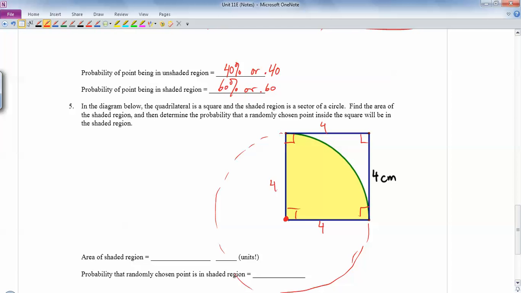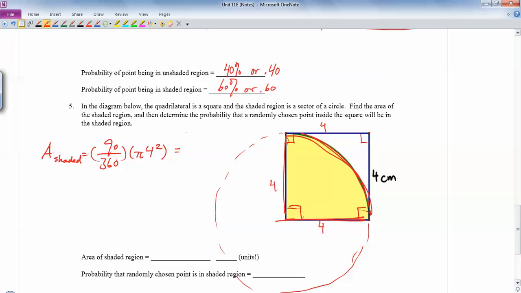So the question is, what's the area of the shaded region? Well, it's a sector of a circle, and we know the angle is 90, then I can say 90 over 360 times pi r squared. R is 4 in this case. So if I plug that in, that's the area of the shaded.